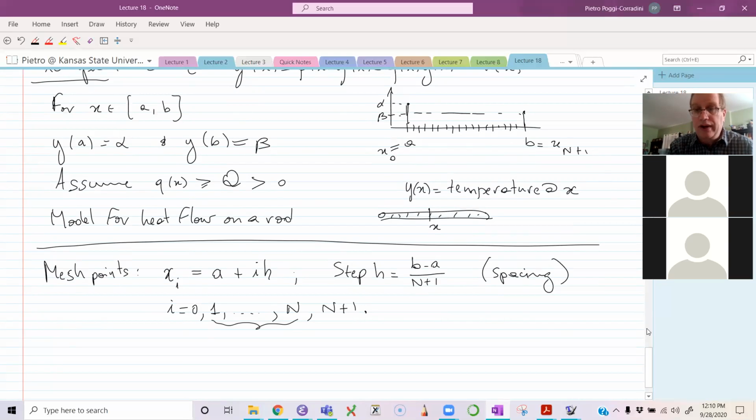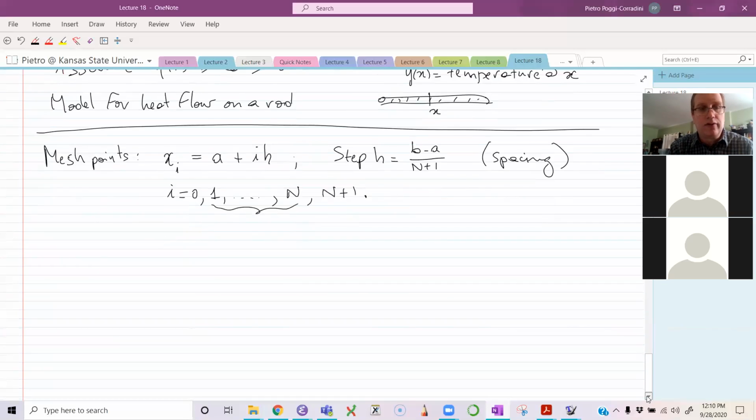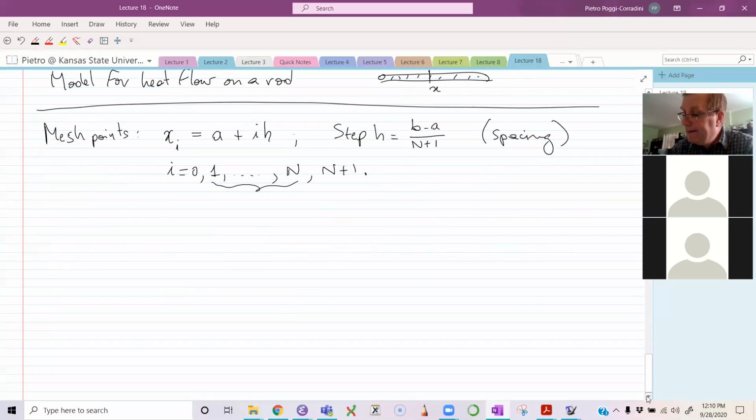All right, so we want to approximate, and have somehow the y i be very, very close to the actual values of y, where y is the true solution.